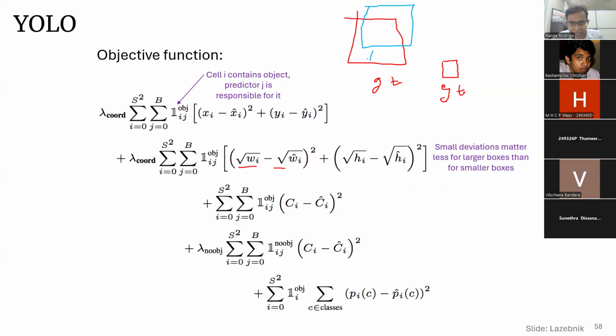I will draw this much error for the ground truth also. So now you can see the predicted one is here. For a small box, this is very bad. For a large box, it's okay. So therefore, small deviations matter less for large boxes than for small boxes. That's why they take the square root like this.